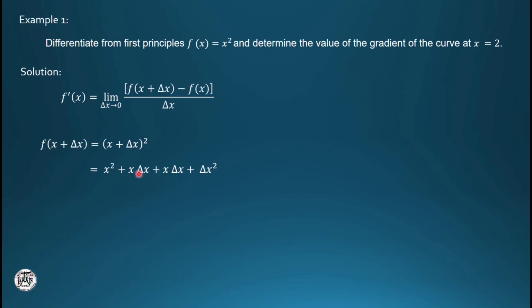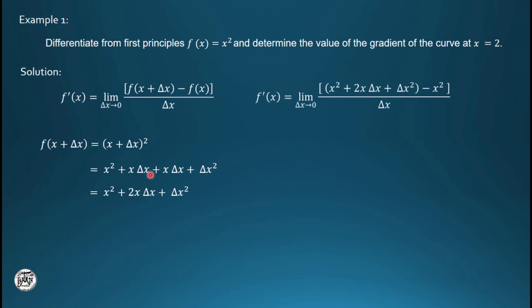Next, simplify: x squared plus 2x delta x plus delta x squared. We write x squared plus 2x delta x plus delta x squared minus x squared.